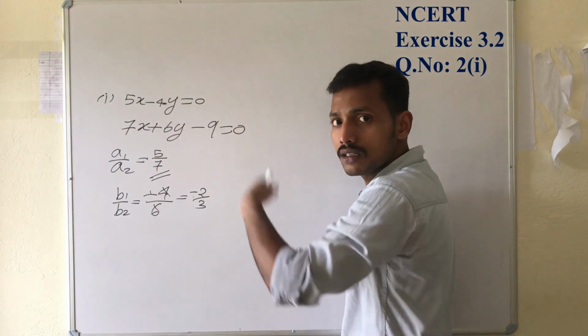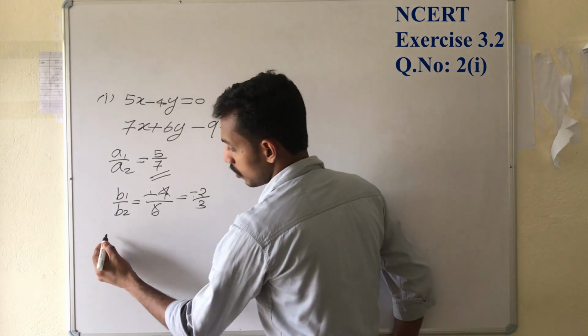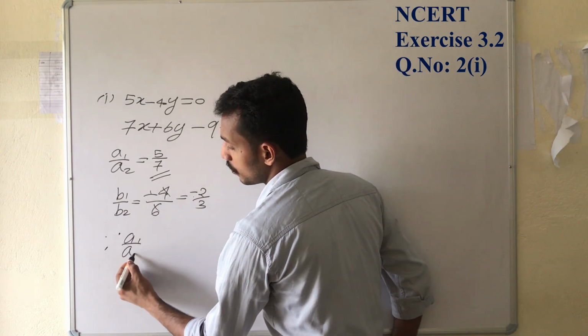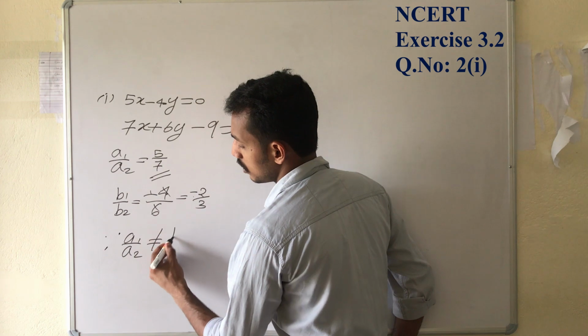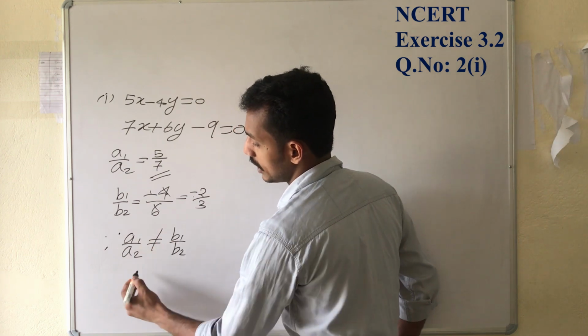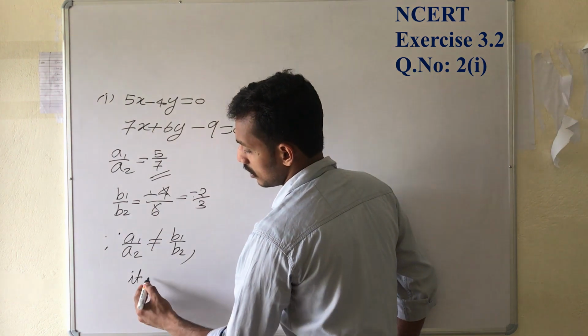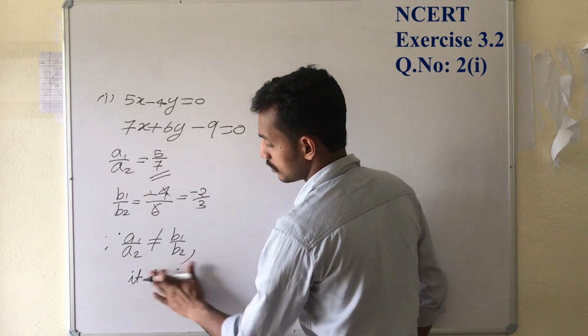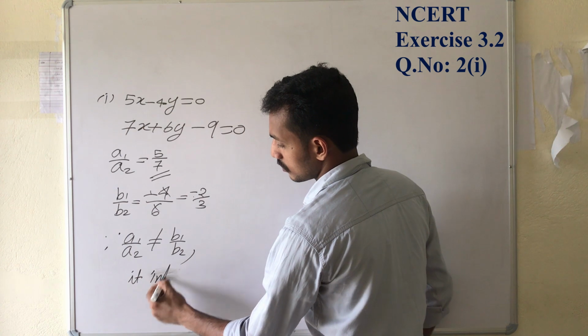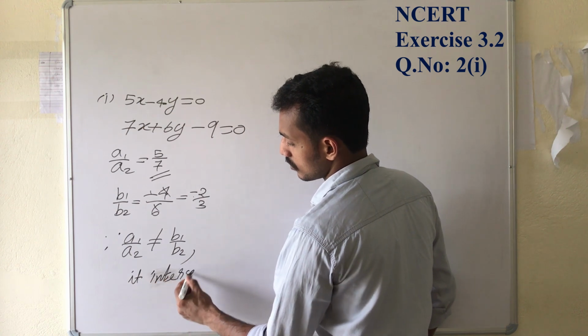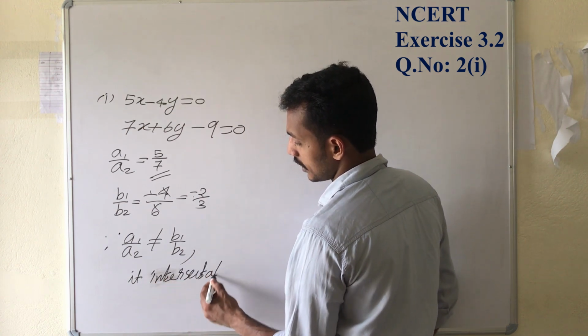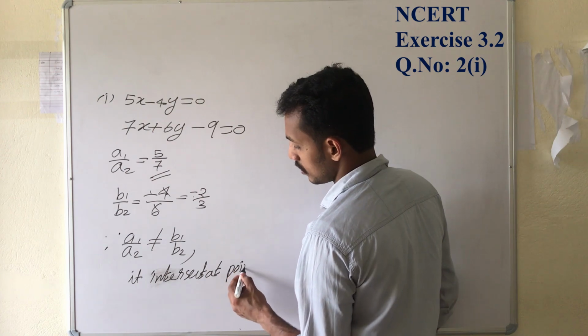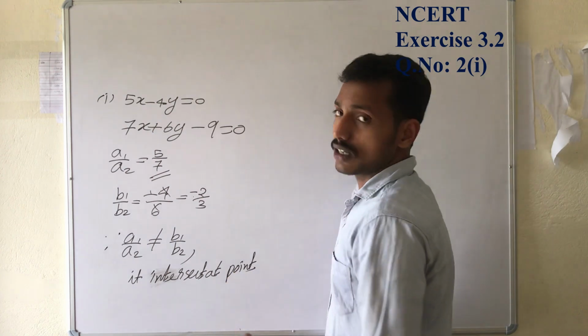Then there is no need to go for c1 by c2. We can conclude, since a1 by a2 is not equal to b1 by b2, it has intersecting lines, or it intersects at a point.